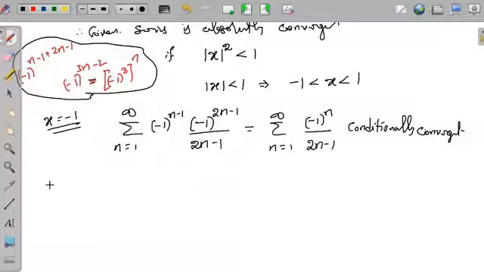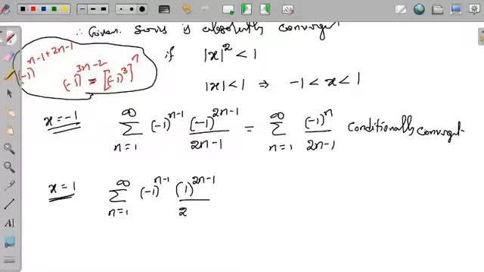And the other one, when x is equal to 1, is summation n equals 1 to infinity of minus 1 power n minus 1, into 1 power 2n minus 1, over 2n minus 1.